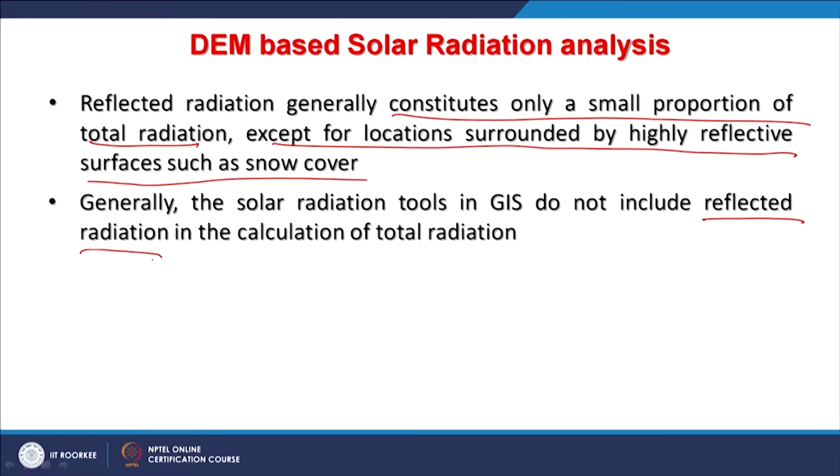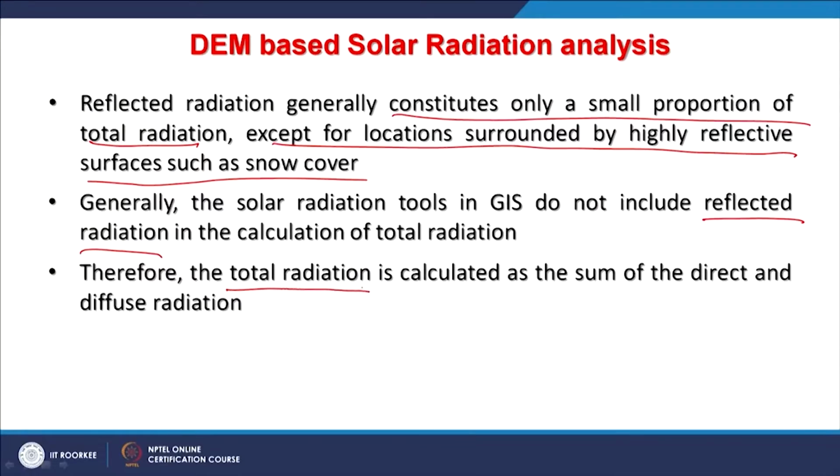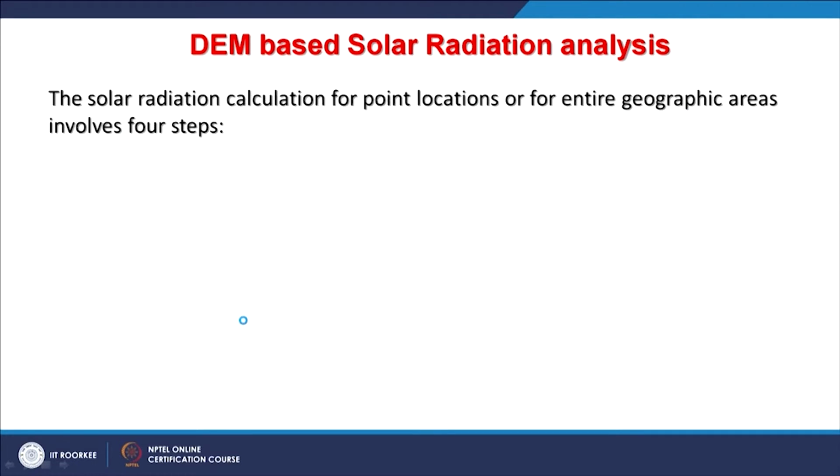So, obviously between the model and the real world, there are always differences. Nonetheless, GIS tools are being exploited extensively to get estimations about the potential of solar energy associated with a particular location. So, as I have just mentioned, the total radiation is calculated as the sum of the direct and diffuse radiation.